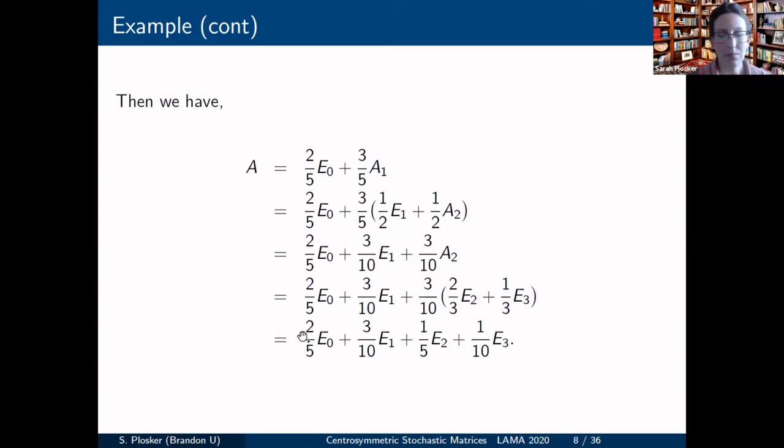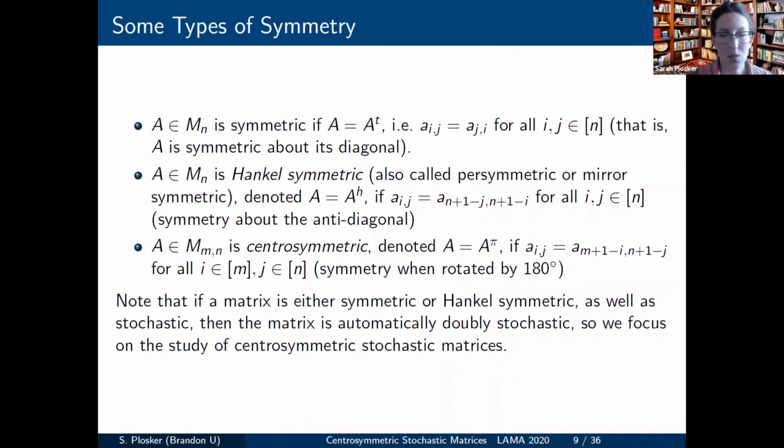Then I get A written as a convex combination of these rectangular permutation matrices. So it follows that the rectangular permutation matrices are the extreme points of the stochastic m by n matrices. So that was the extreme points for stochastic matrices.